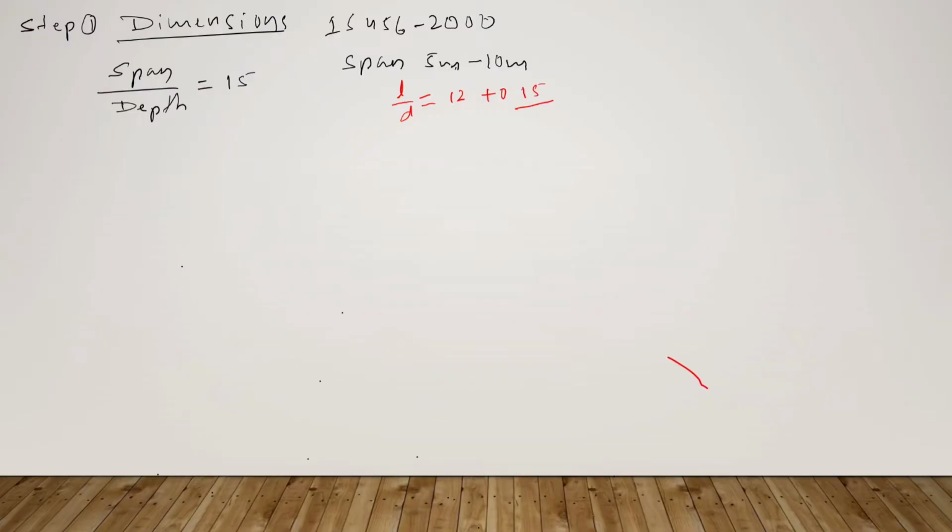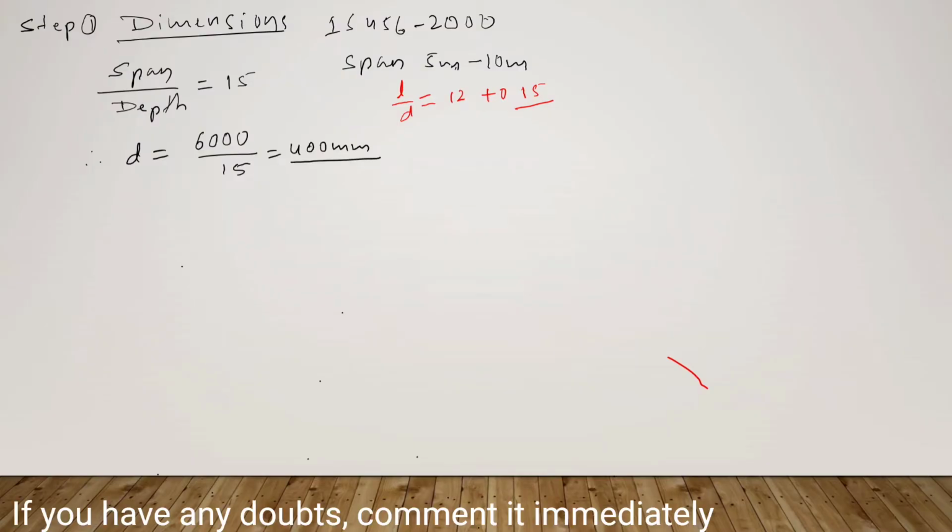Span by depth is equal to 15. Therefore, the effective depth d is equal to span 6 meter, that means 6000 divided by 15, it is equal to 400 mm. Small d, effective depth is equal to 400 mm, and the overall depth is equal to 450 mm.